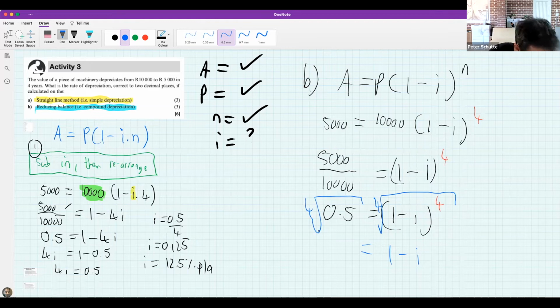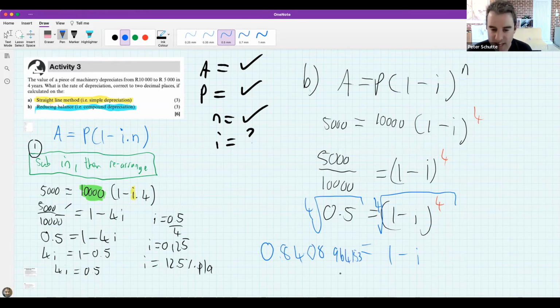So let me use my calculator to do that. 4, and then inside the bracket 0.5, and I get a whole mouthful like 0.8408964. I really want to use my calculator memory in this case. And then if I bring the I to this side and I go 1 minus this whole thing, which I'm going to store in my calculator's memory, 1 minus answer.